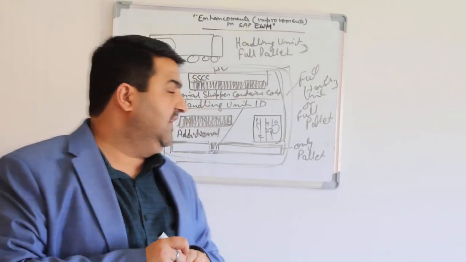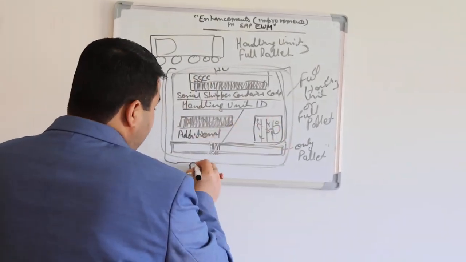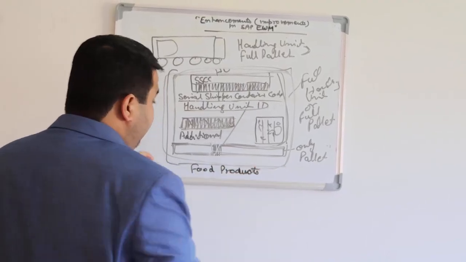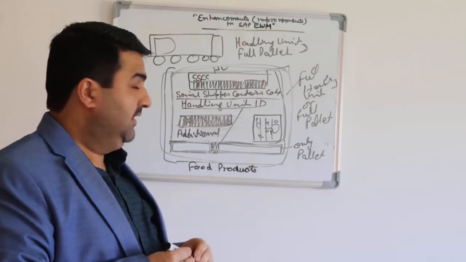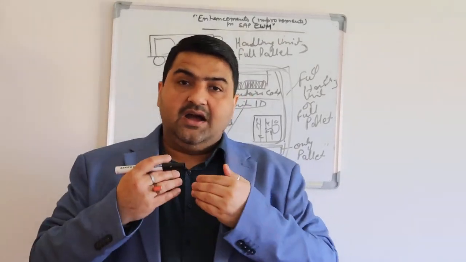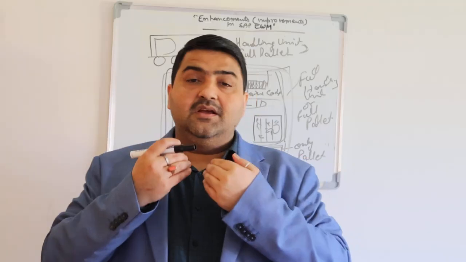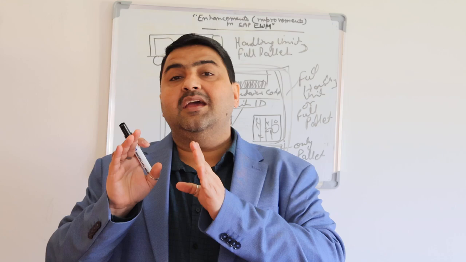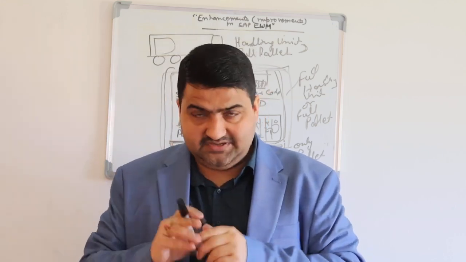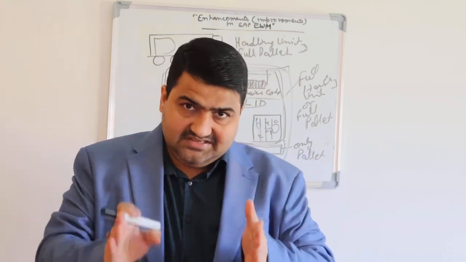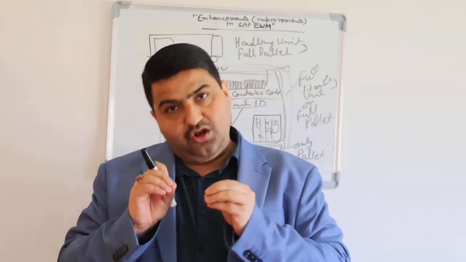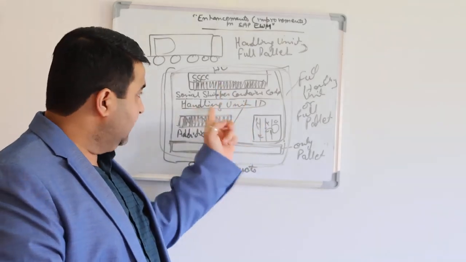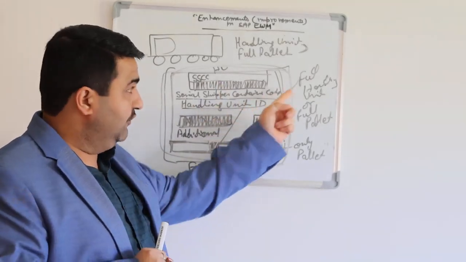Suppose we are dealing with, for example, a food item. For our benefit, easiness, and flexibility, the supplier sends us the handling unit along with the serial shipper container code, which is the handling unit ID, HUID, or full pallet ID.